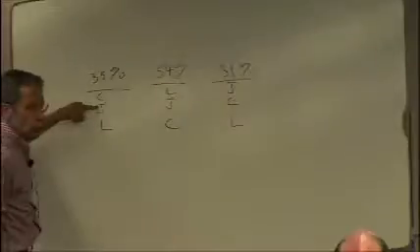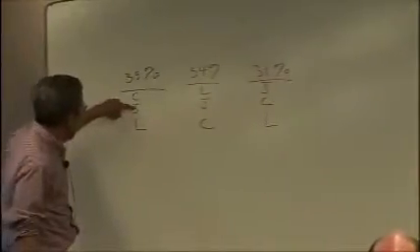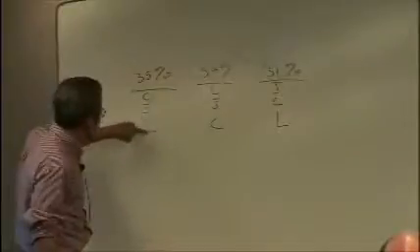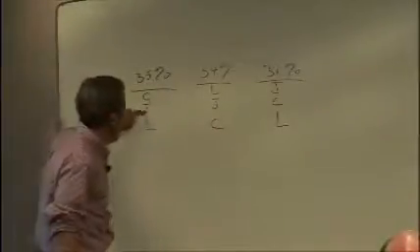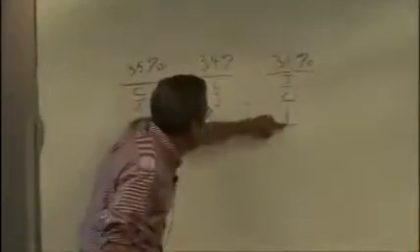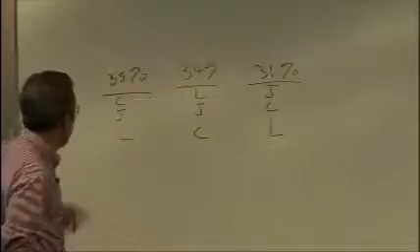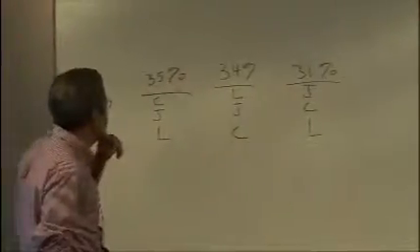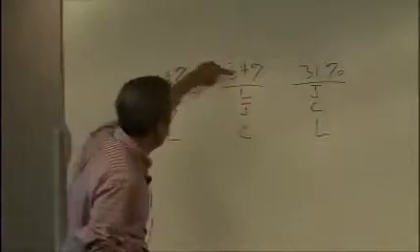Then Jospin is the majority winner. Jospin beats Le Pen by an overwhelming majority. These people and these people, that is 66% prefers Jospin to Le Pen, and Jospin also beats Chirac by an overwhelming majority.